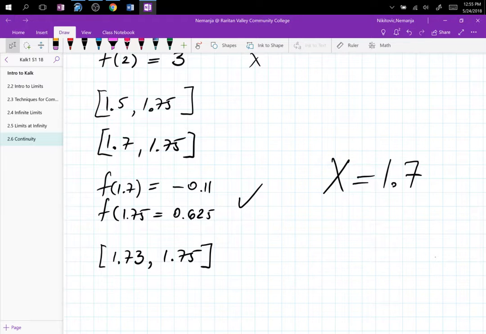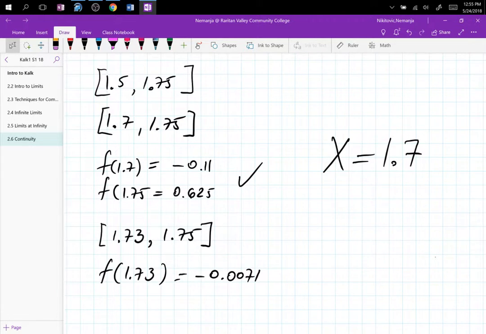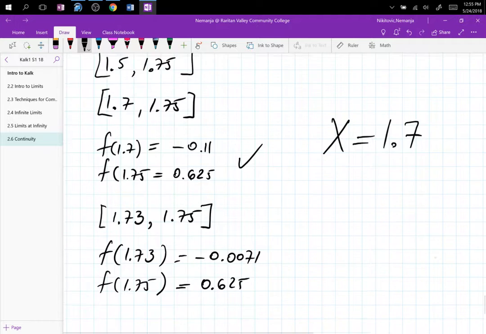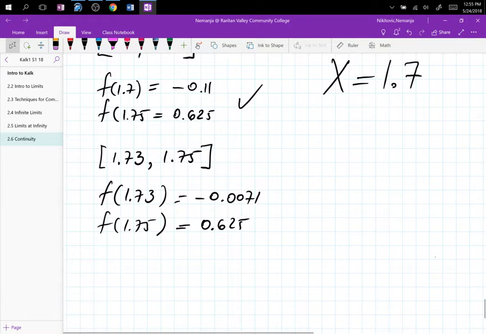1.73 squared minus 3 is negative. Okay, so f of 1.73 is negative 0.0071, and f of 1.75, we are still recycling this one, 0.625. This interval is good. You can cut it in half if you use 1.74.